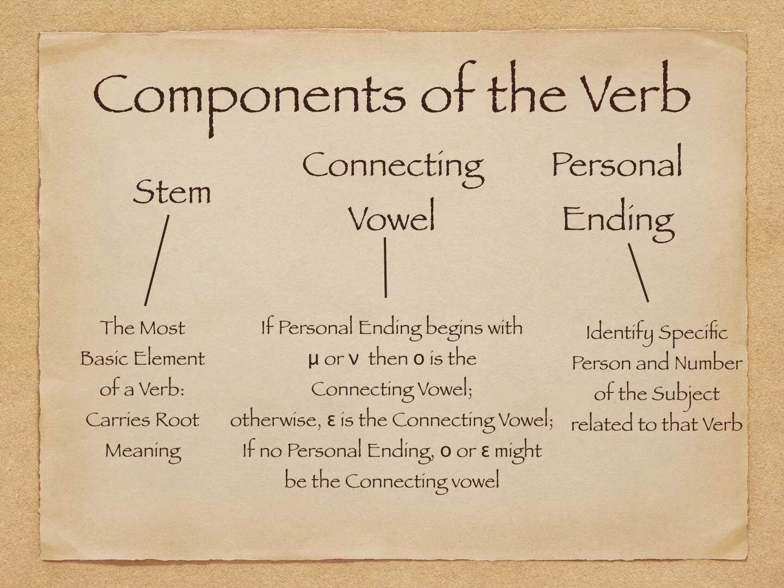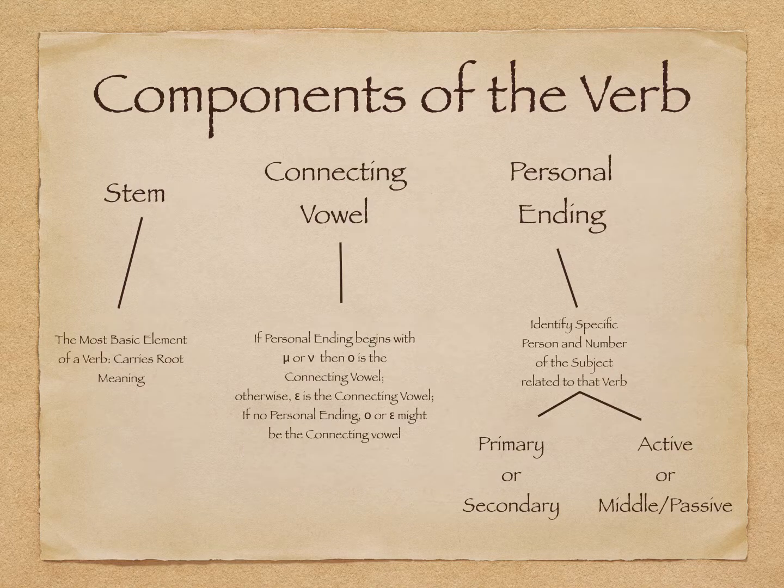Finally, personal endings, and we'll discuss these in even more specificity in just a moment. But the personal endings are key to knowing what the author intends with the specific verb. They identify the specific person and number of the subject related to that verb: if it's first, second, or third person, if it's singular or plural.